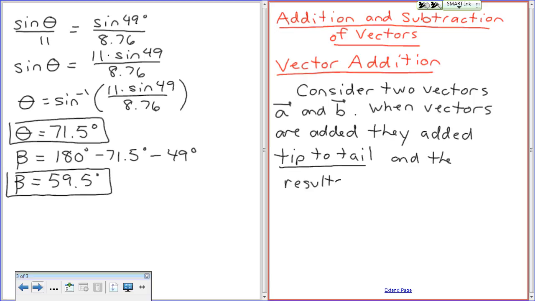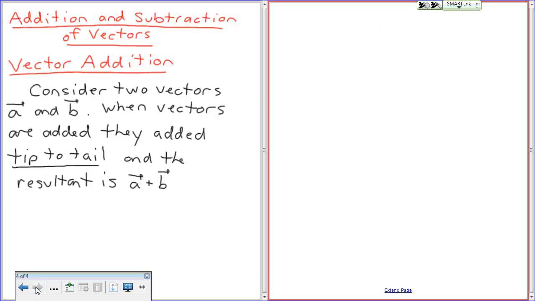I'll get out of the way here for those who can't see. Okay, I'm going to do the next. I'm going to call it the triangle method of adding vectors. I'm going to take a break here so everyone can see once I draw the diagram.